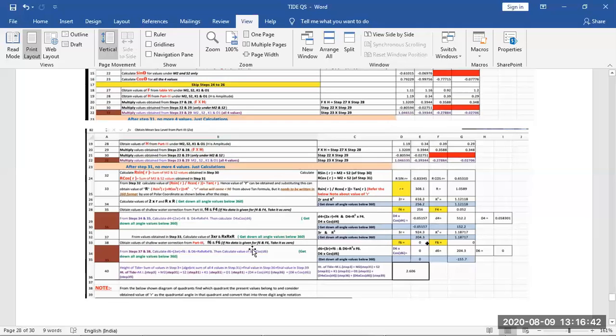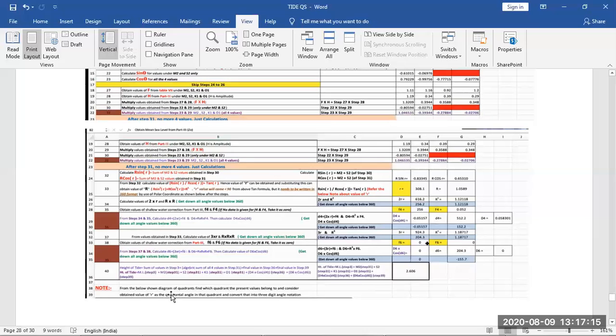Then we get small f6 and big f6, and we do big D6 into cos small d6. So all values are below 360. Then in the last step, we add all of these, and finally we get the answer here as 2.606.